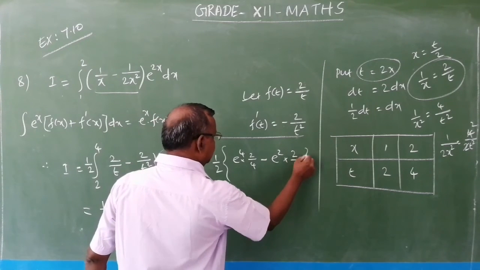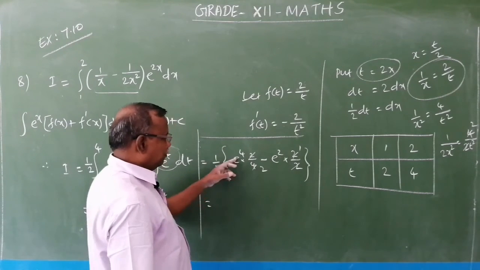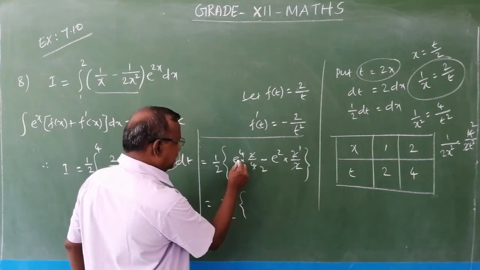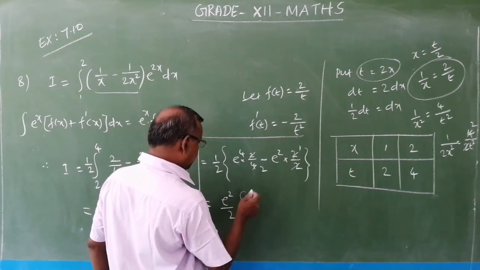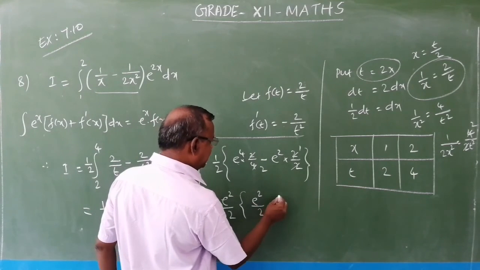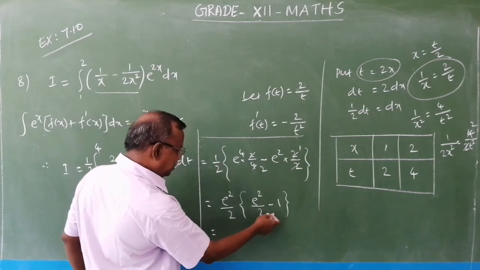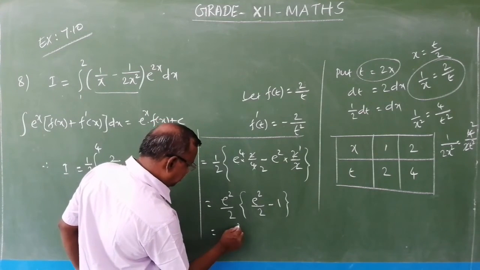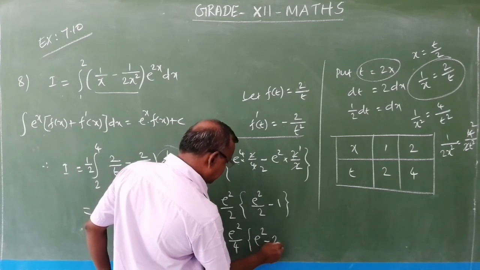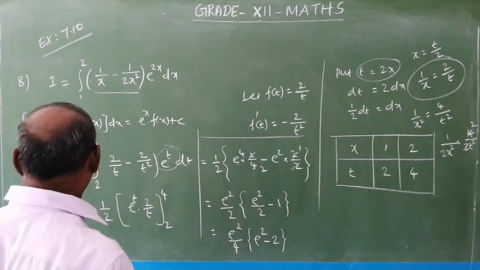This is 1, and we can take e power 2 as common, e power 2 by 2 minus 1, and taking the LCM, that is e power 2 by 4 into e power 2 minus 2.